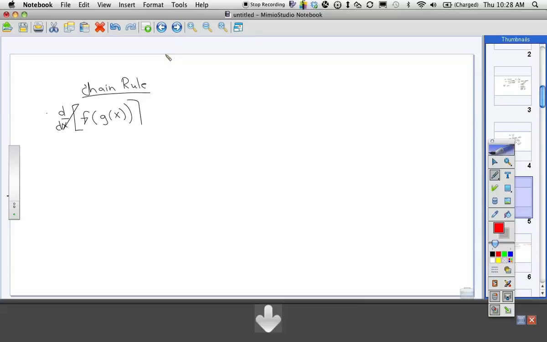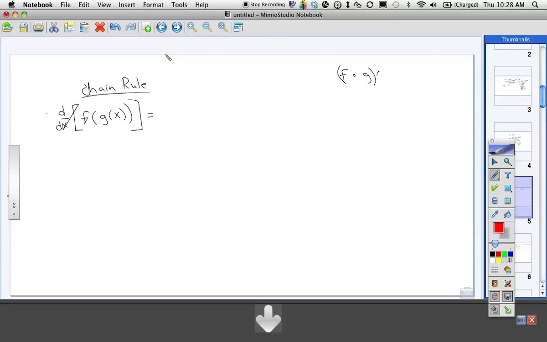All right? f of g of x. Now there are some different notations for composite functions. I call it the f-o-g notation or whatever, but you see it in the book.